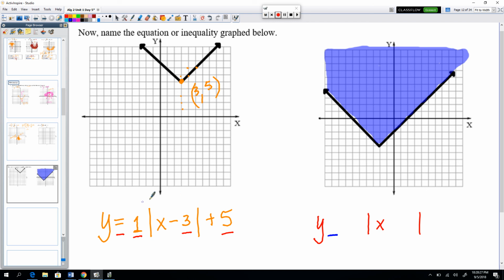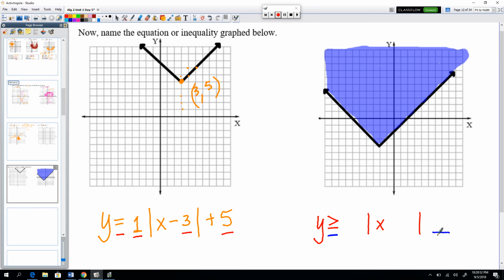I know it's not an equation. I know it's an inequality. And I see there's shading above. So as soon as I see shading above, I start thinking, all right, I've got a greater than situation. Y is greater than. And I see solid lines. Solid lines, I've got a greater than or equal to going on here. So that's the first thing I needed to fill in.